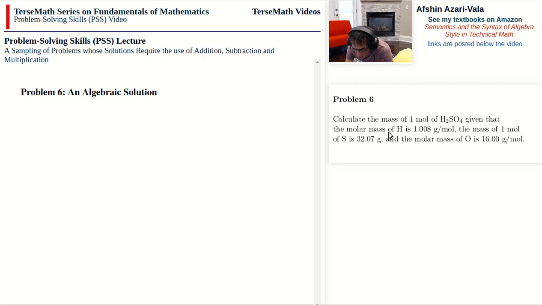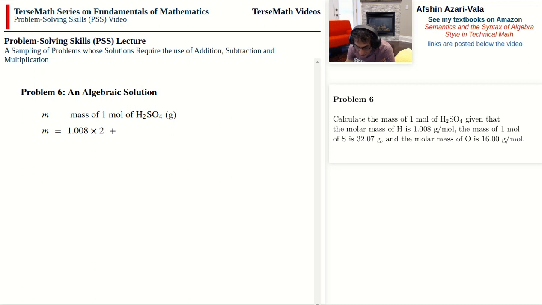Now, because the mass of 1 mole of H is given as 1.008 grams, and we end up with 2 moles of H, the total mass of H atoms will be 1.008 times 2. And so we begin our solution with M being the mass of 1 mole of H2SO4 in grams, and M is equal to the mass of 1 mole, which is 1.008 grams, times the number of moles of hydrogen atoms, and we have 2 moles of H atoms.